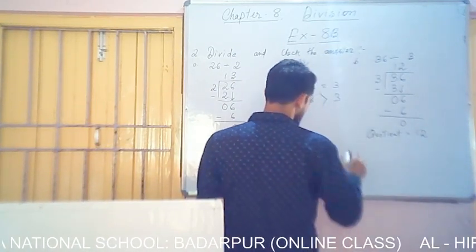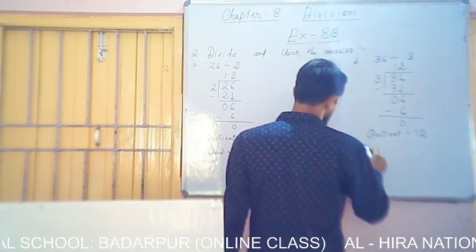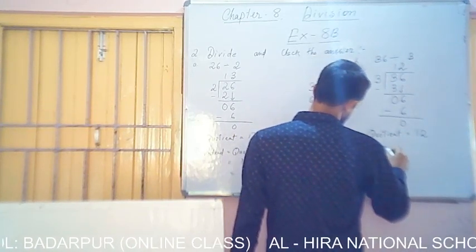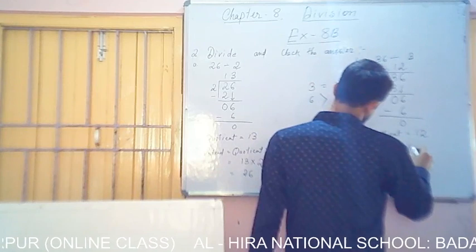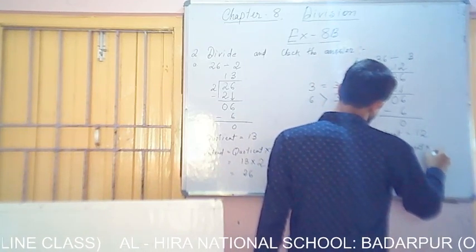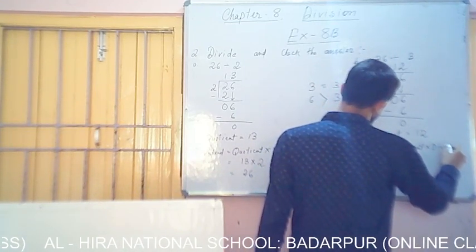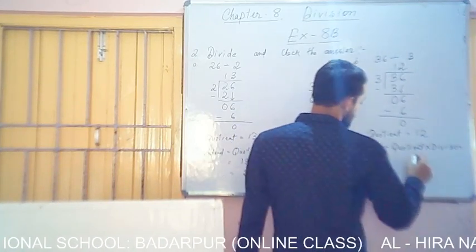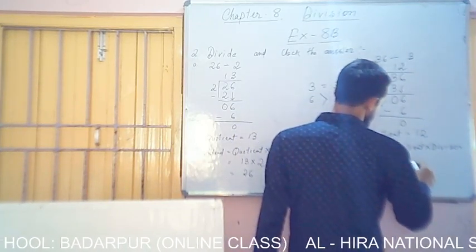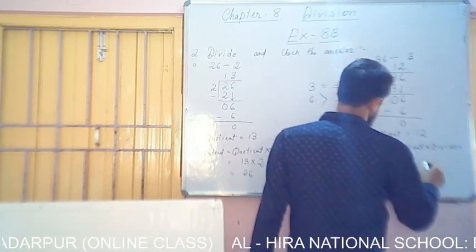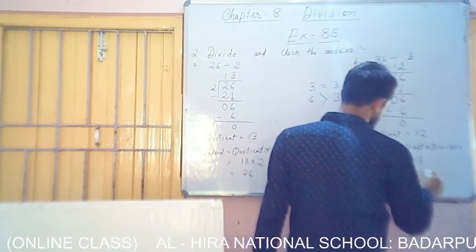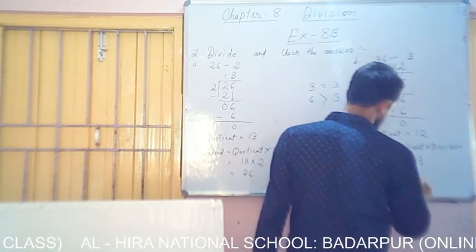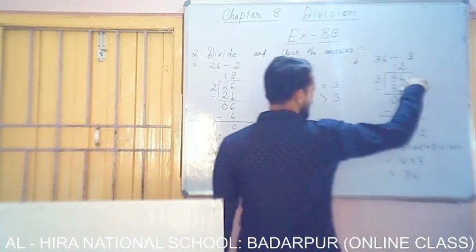To check, what we have to do? We have to use this formula: dividend equals quotient into divisor. So here the quotient is 12 and the divisor is 3. After multiplying these two numbers, 12 times 3, we will get 36, which is equal to the dividend.